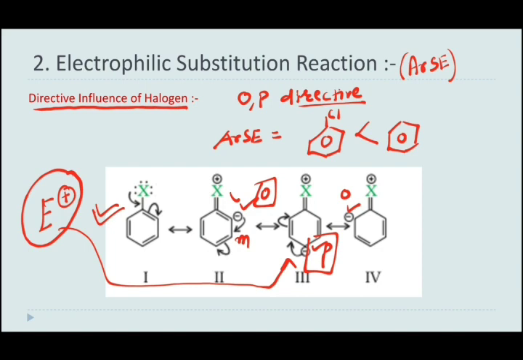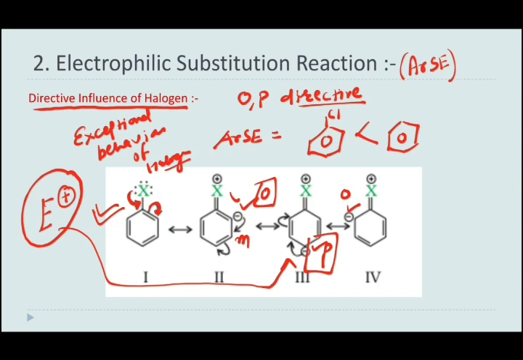Now, why is it lesser despite the electron releasing effect of halogen? It is called the exceptional behavior of halogen. We also discussed this topic in class 11. Now, what is this exceptional behavior?